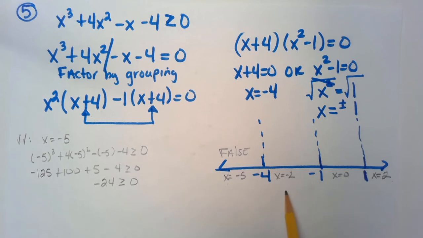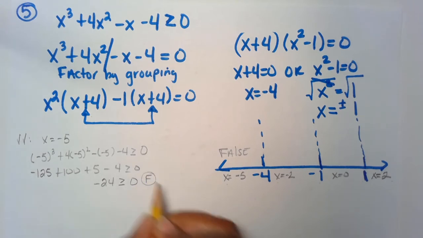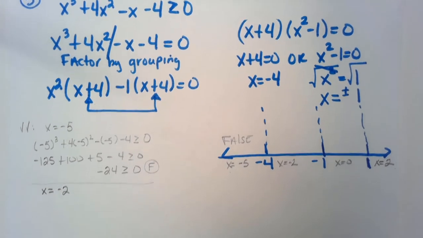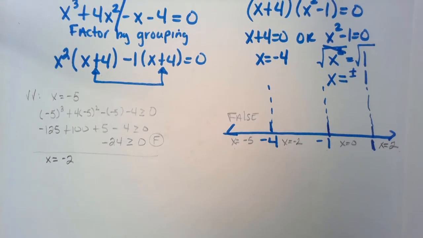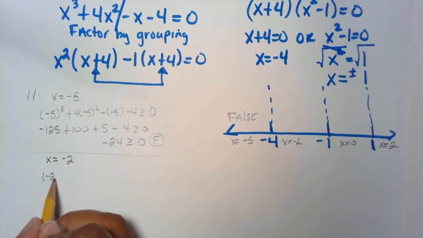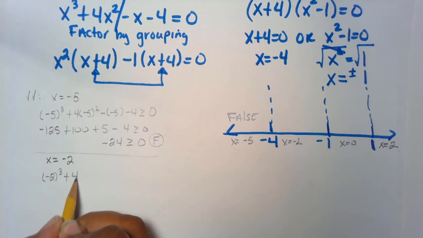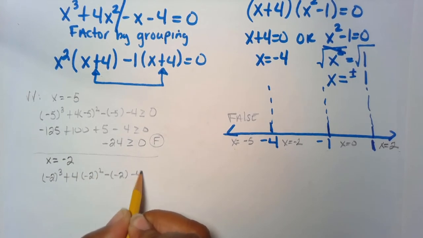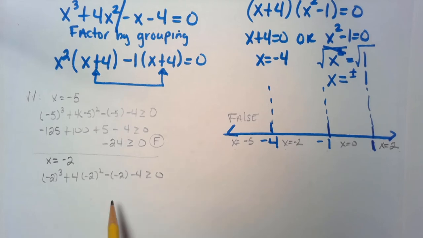Okay. So next, let me put F here for false. Let's do the next one. When x is equal to -2, we have the quantity of -2 cubed plus 4 times -2 squared minus -2 minus 4. Is that greater than or equal to 0?